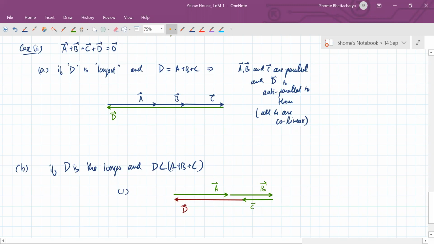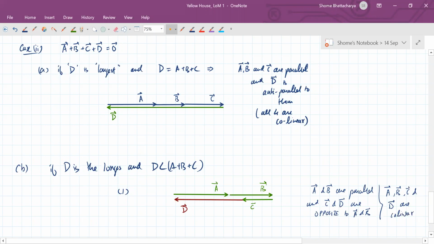So it could be that A and B are parallel and C and D are opposite to A and B. But all four vectors are collinear vectors. ऐसा भी हो सकता है. Okay.